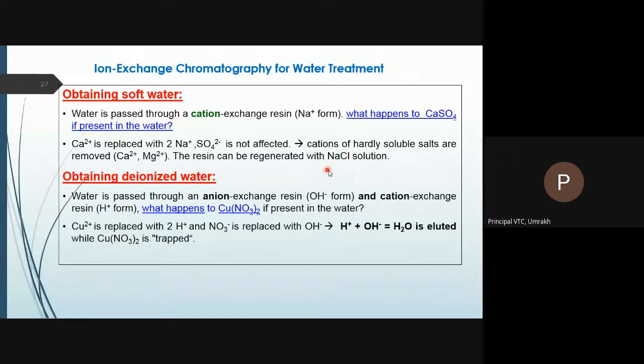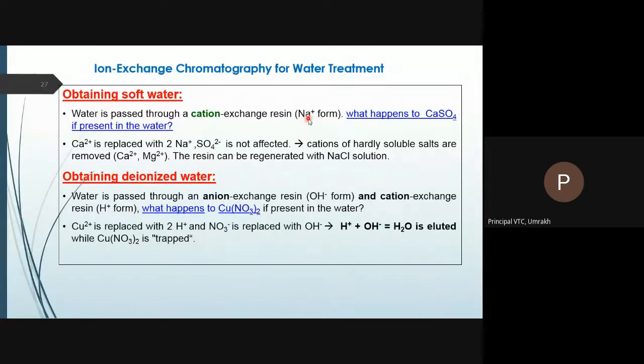We can remove the bonded Ca2+ and bind Na+ instead. So we can obtain soft water through ion exchange chromatography.